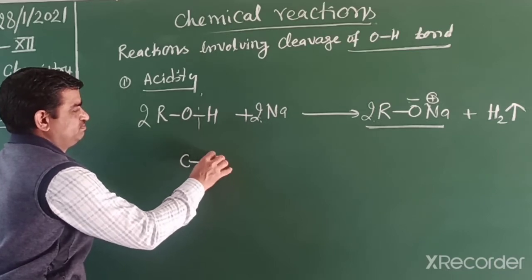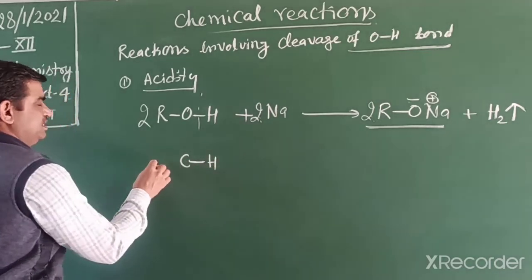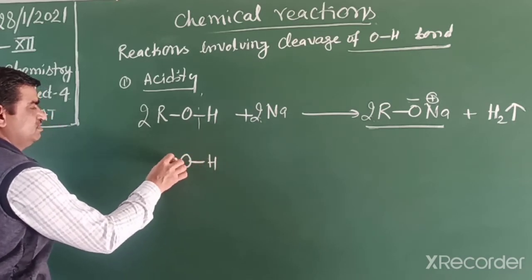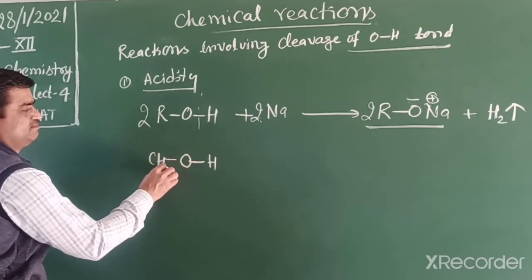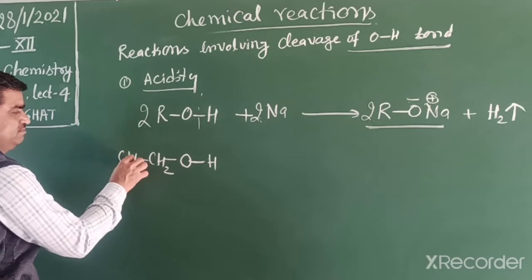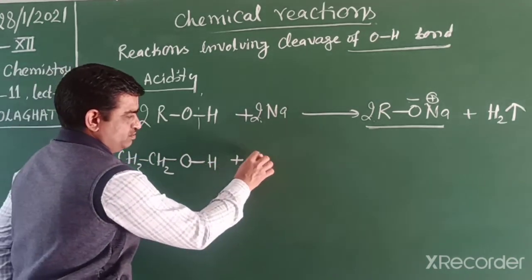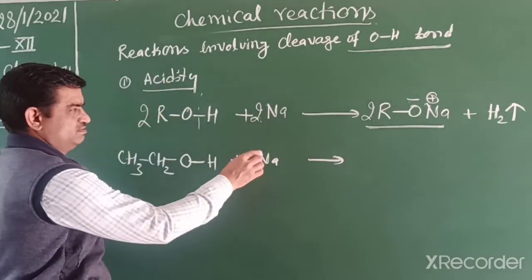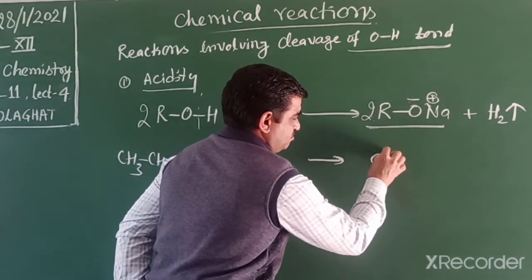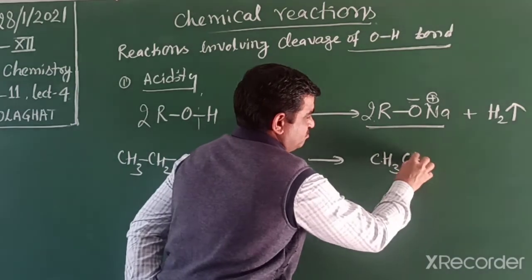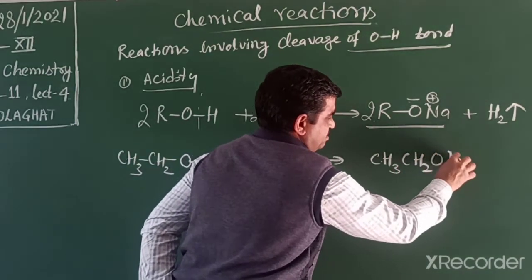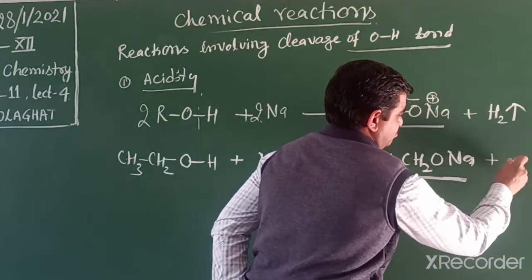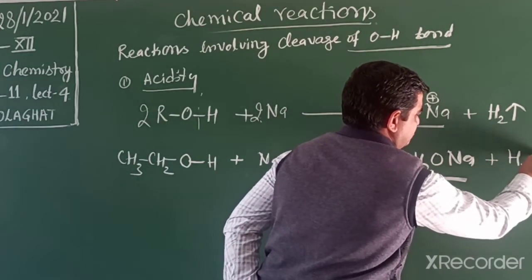If we take a particular alcohol, ethanol, and react it with sodium metal, then we get sodium ethoxide and hydrogen gas is released.